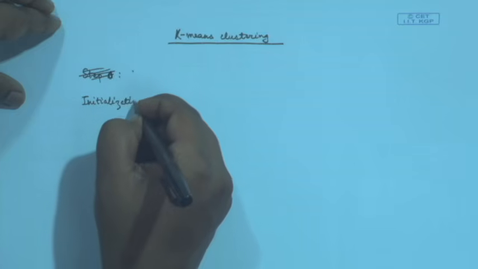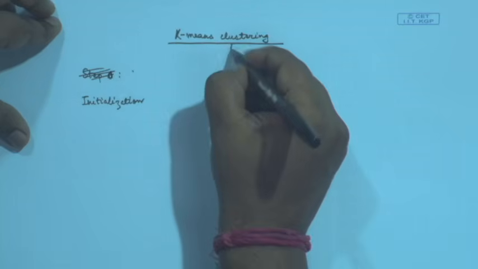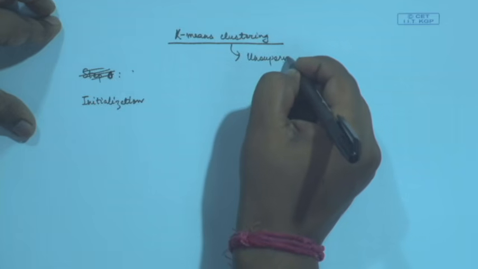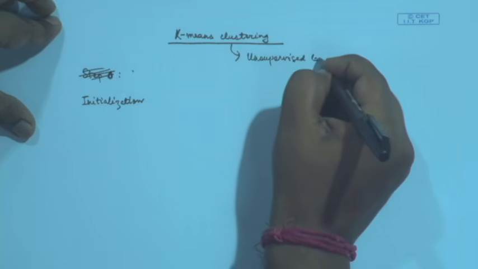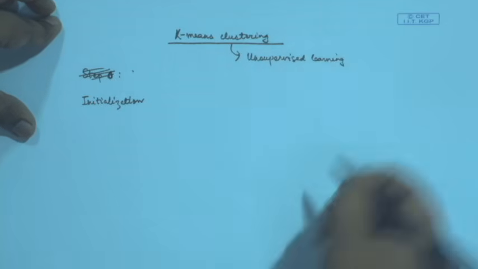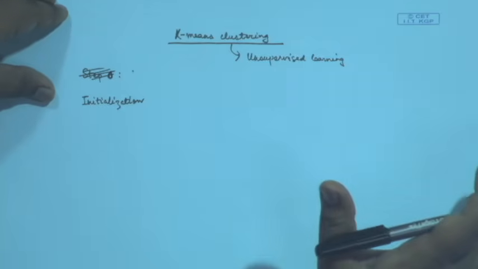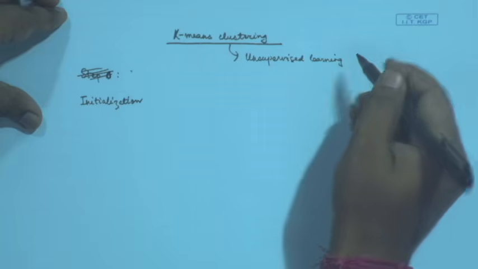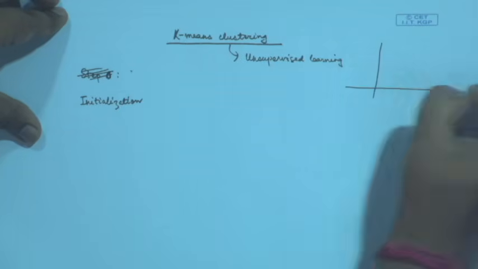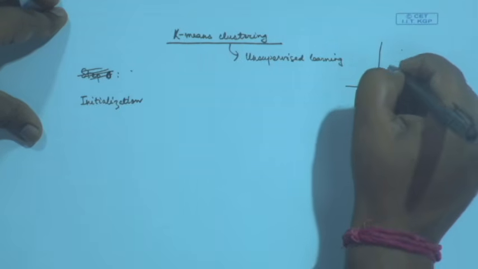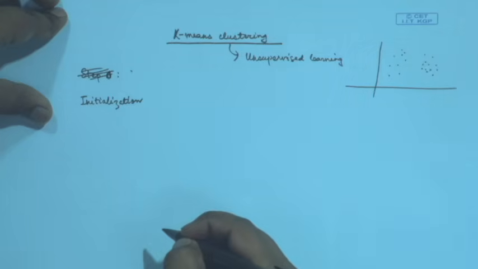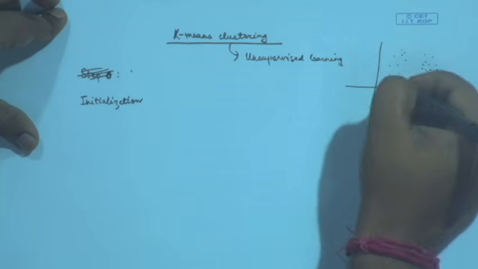Just to remind you, all of these clustering algorithms are unsupervised learning algorithms. So you don't need labels here, you don't have labels here. All you have is a collection of points. So you have a vector space in which you have points which are distributed this way, and you have to identify clusters. So these will fall in one cluster, this will fall in one cluster.